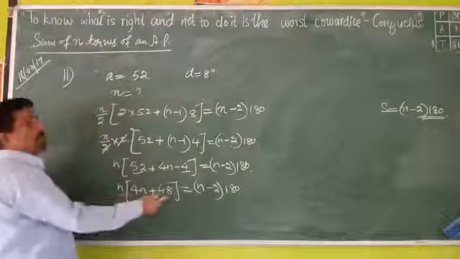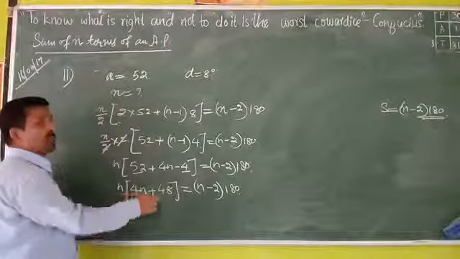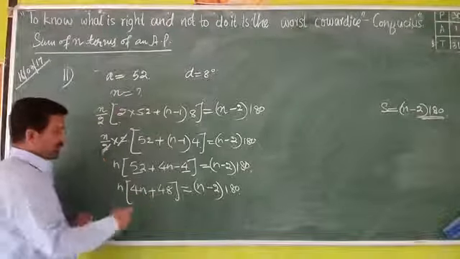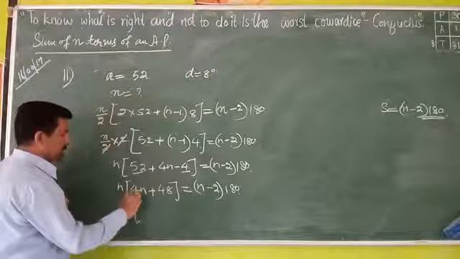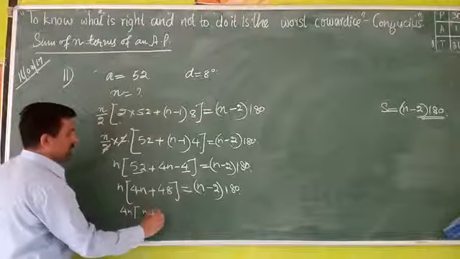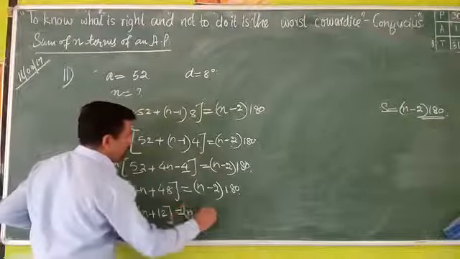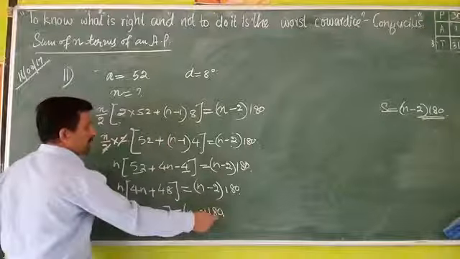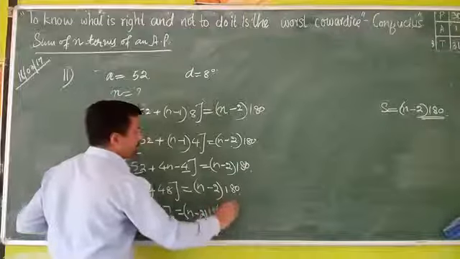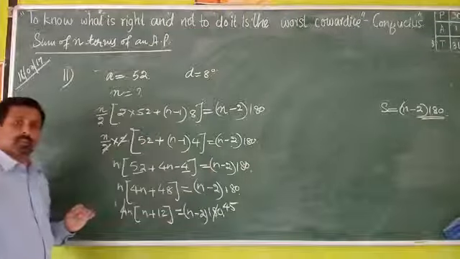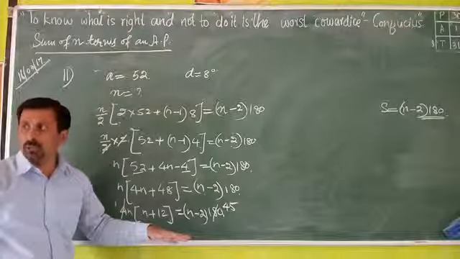I can see that the common divisor of these two is 4, so I will take it out. 4n becomes n, this becomes 12, equal to (n minus 2) into 180, and this is also divisible by 4. 4 ones are 4 and 4 45s are 180. I am trying to make the equation as light as possible so that we are comfortable solving it.